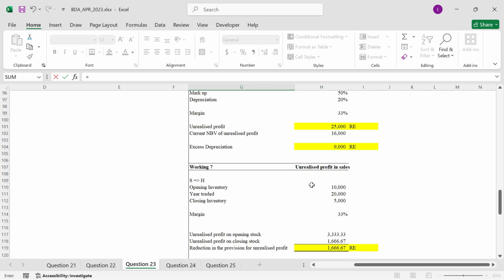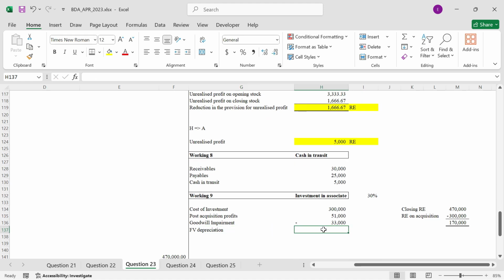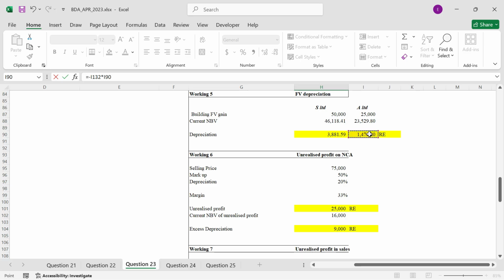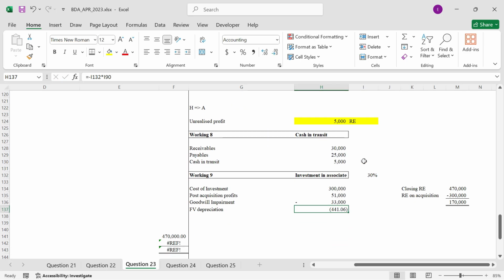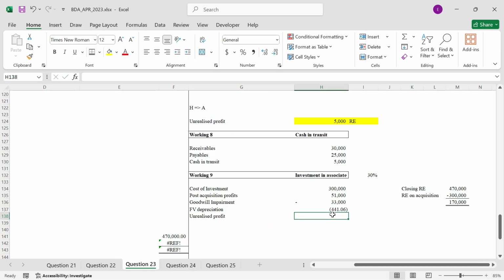I had an amount for S and for A. Here I need to subtract 30% of the value I found, 1570. And then finally, I have the realized profit, the sales between H and A. And I don't think there's anything else that affects my investment in associates. This gives me a value of 312,569.